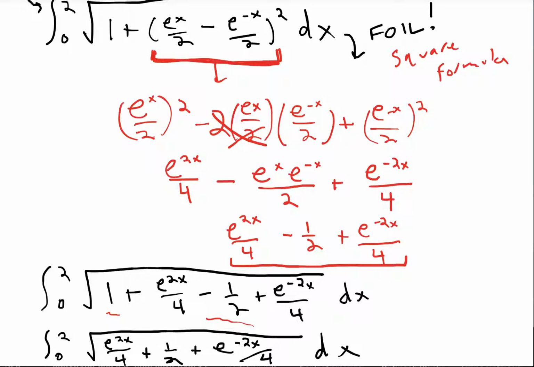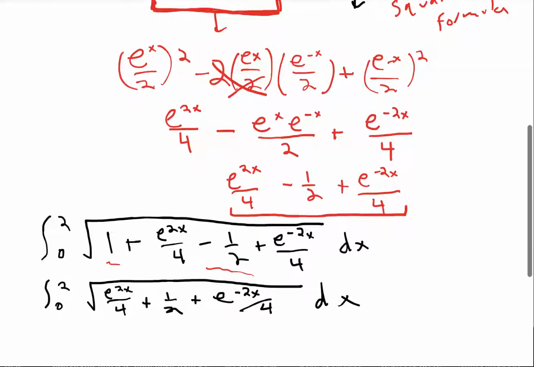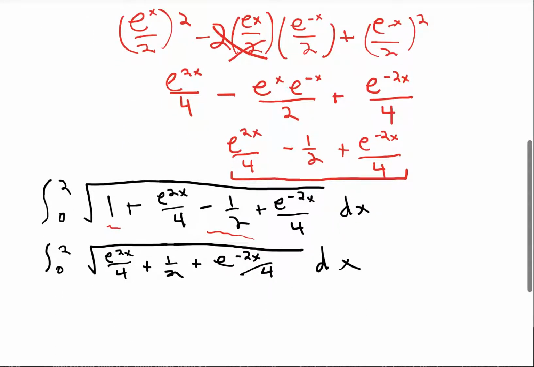Now here's the reason that I wanted to highlight this. If I scroll down just a little bit, I want you to pay attention to this sort of triplet of terms here. I'll point this out, along with the triplet of terms that I have inside of my radical.